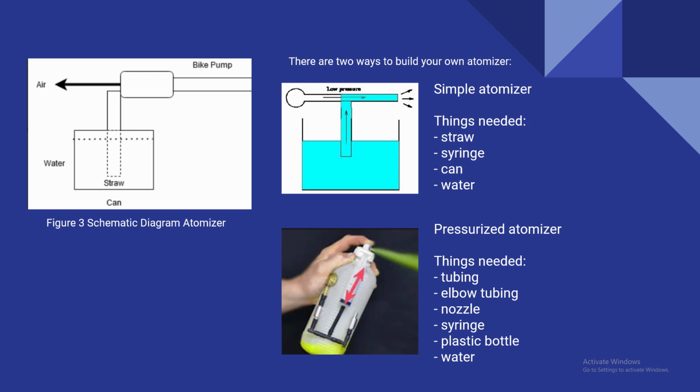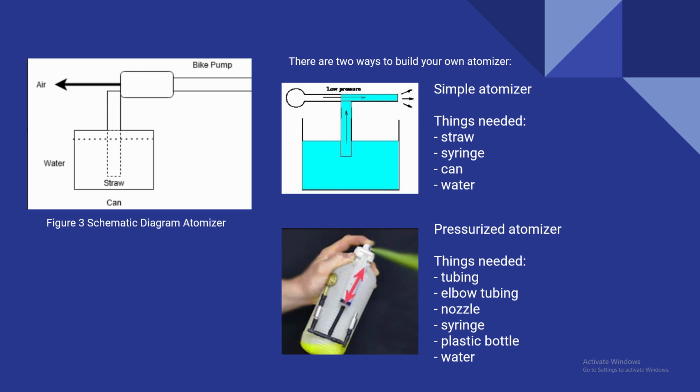The first one is the simple atomizer, which uses only a straw, syringe, can, and water. In this method, we only blow or use the syringe to push out air and make the inside of the tube a low pressure and high velocity area, and this makes the high pressure at the can push the water into the straw and go out through the nozzle.